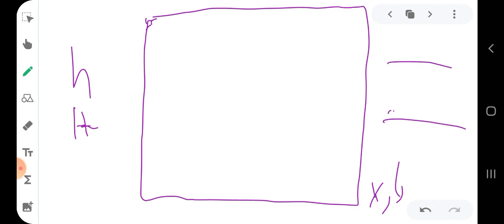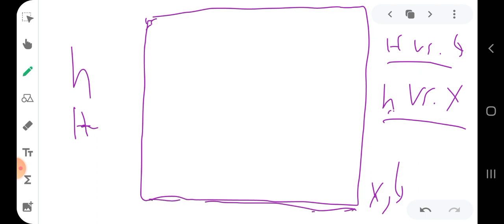The first line represents H versus Y, the enthalpy in the vapor phase versus the vapor composition. The second line will represent the enthalpy in the liquid phase versus X, the composition in the liquid phase. That's why we are using only a single axis for both compositions and a single axis for both enthalpies.